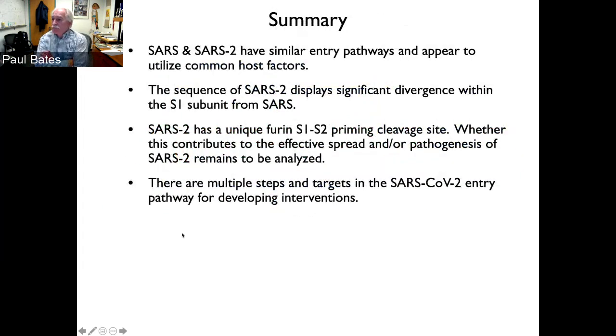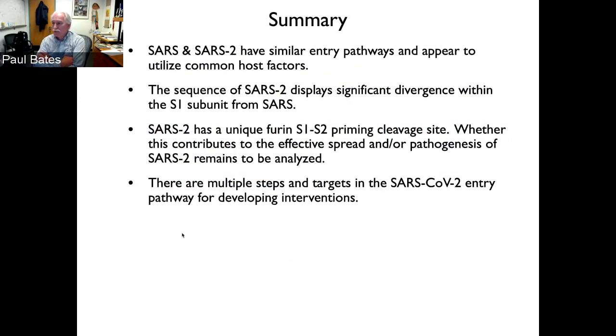So in summary, we know now that SARS-1 and SARS-2 appear to have very similar entry pathways, and they appear to utilize common host factors, although they do it slightly differently. The sequence of SARS-2 displays significant divergence from SARS, especially within the S1 subunit. And if we look at the family as a whole, all the beta coronaviruses seem to display significant divergence when you look at the top, especially of the S1 subunit.